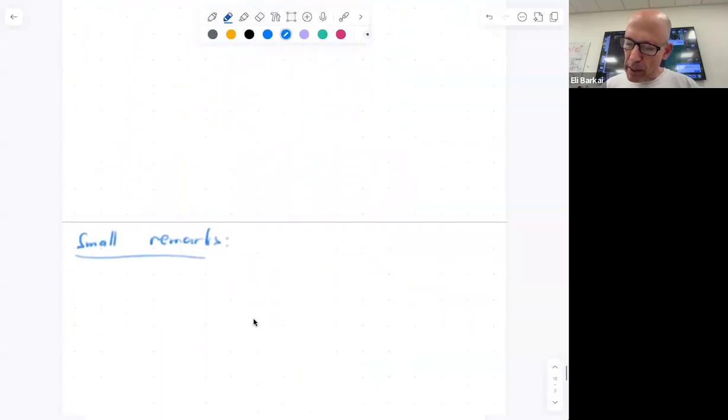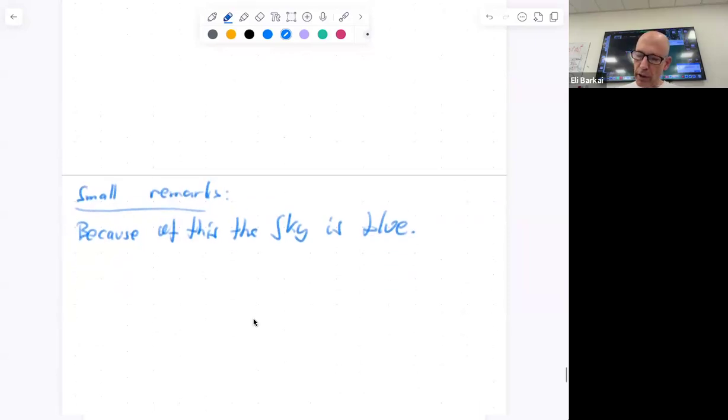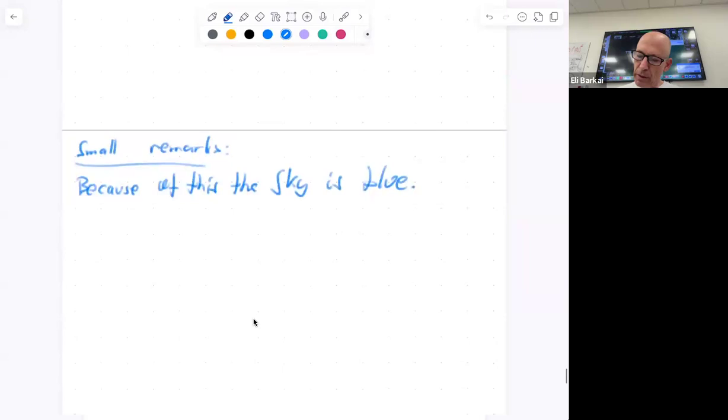If you read Griffiths, he says, because of this, the sky is blue. What I mean by blue is blue in the middle of the day. This is true, but it's also a bit of an exaggeration, and it poses several questions.